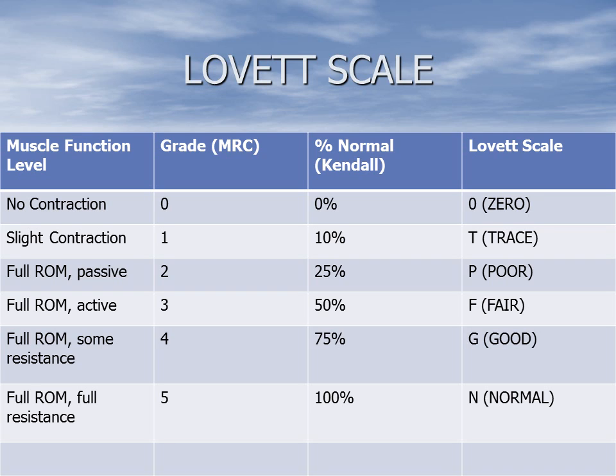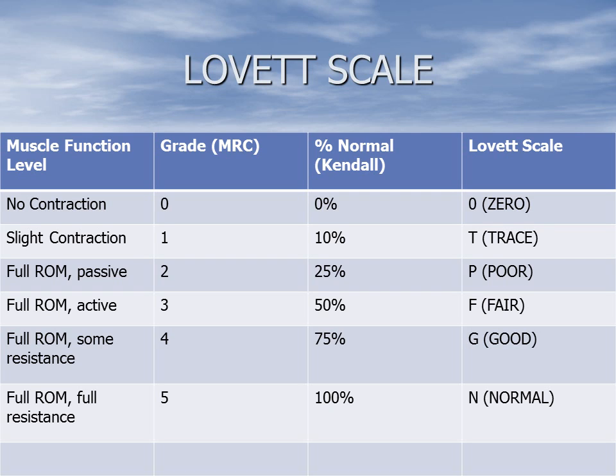When we have a grade of 5 on the Medical Research Council scale, or a grade of 100% on the Kendall scale, or a grade of N on the Lovett scale, what we're talking about is a muscle that is capable of taking the involved joint through full active range of motion and against full resistance.